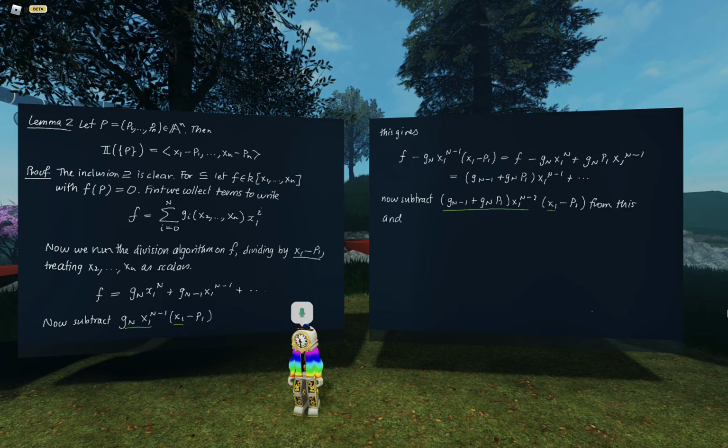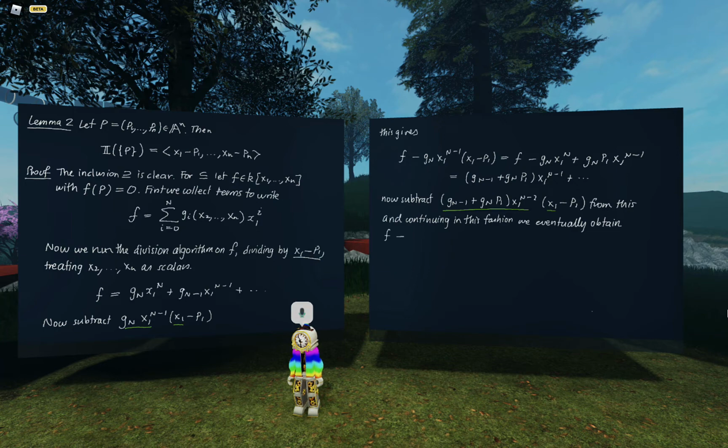Okay, and continuing in this fashion. Notice there was no dividing here because the leading coefficient of x1 was 1, so I didn't need to get rid of that in any way. Okay, so continuing in this fashion, we eventually obtain f.